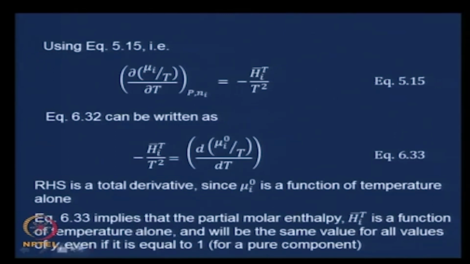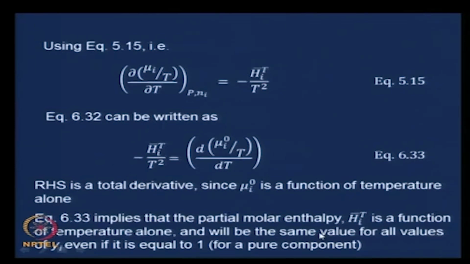Rather, it is a function of temperature alone, it is going to be independent of pressure or composition. Therefore, this will have the same value for all values of the mole fraction, even if the mole fraction equals 1.